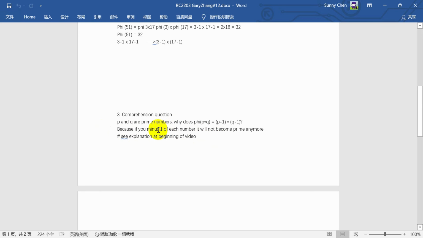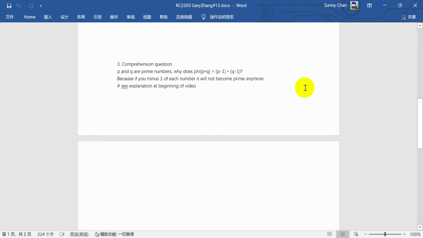So this isn't strictly correct. And the answer is because phi is a multiplicative function, so that's why this formula exists. Because phi is a multiplicative function, phi of p times q equals phi p times phi q. And because p and q are prime numbers, we can then turn it into (p minus 1) times (q minus 1). You can see the explanation at the beginning of the video.